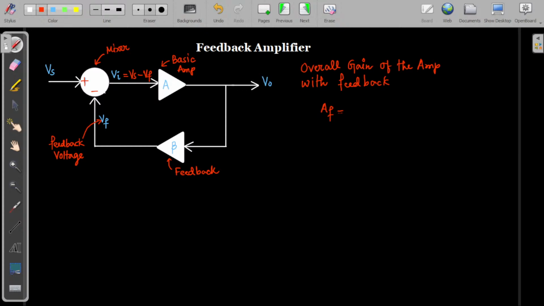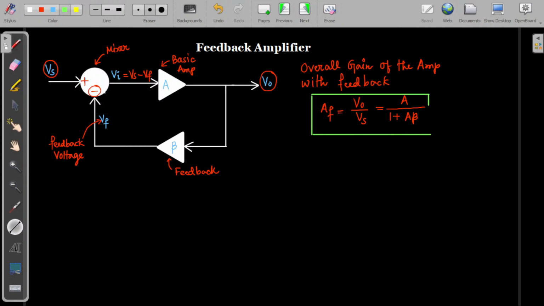AF means V0 divided by Vs, and that was equal to the basic amplifier gain A divided by, since here it is minus, so that's why it will be 1 plus A beta. We have already derived this. So this is the overall gain of the feedback amplifier.